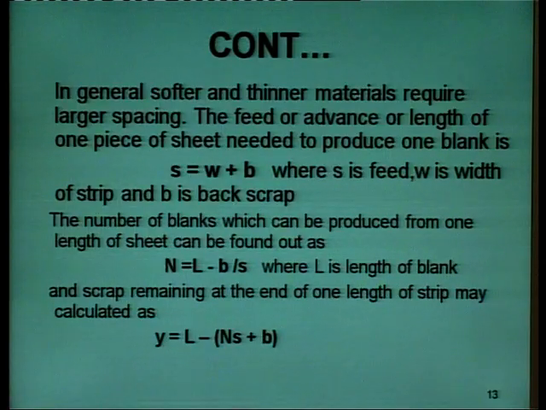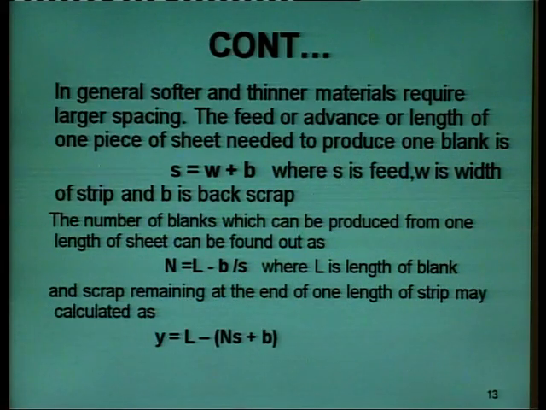Now, the number of blanks which can be produced from one length of sheet can be found with the formula n = (L - B) / S, where L is the length of the blank, and the scrap remaining at the end of one length of the strip may be calculated by the formula y = L - (n S + B).